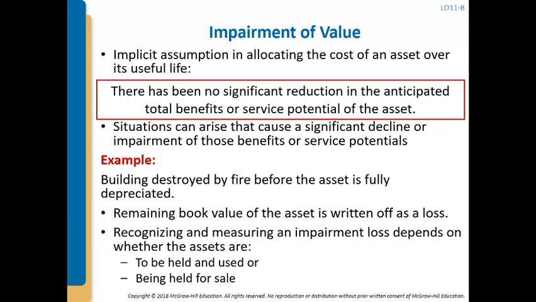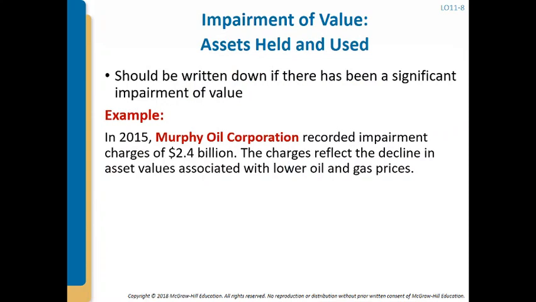Now how you recognize and measure an impairment loss depends on whether the assets are to be held and used or they're being held for sale. We may have touched on this before, but if so, we'll touch on it again.